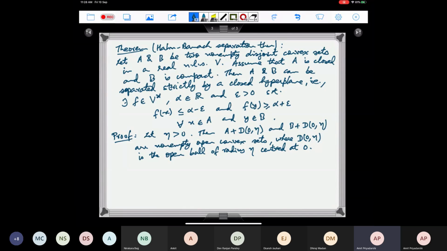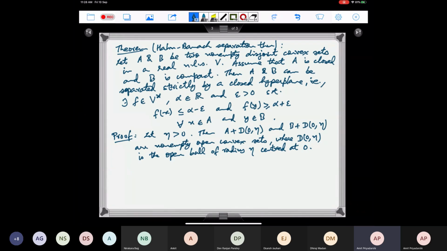Any translate of an open set is open, and the union of open sets is open, so this is open.